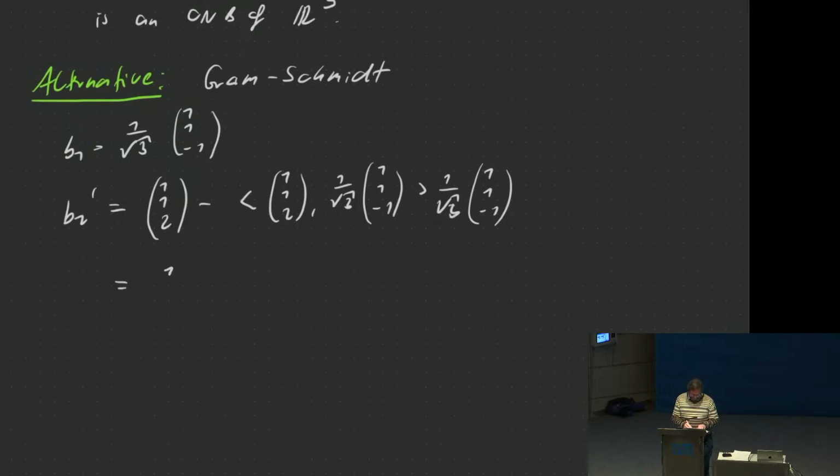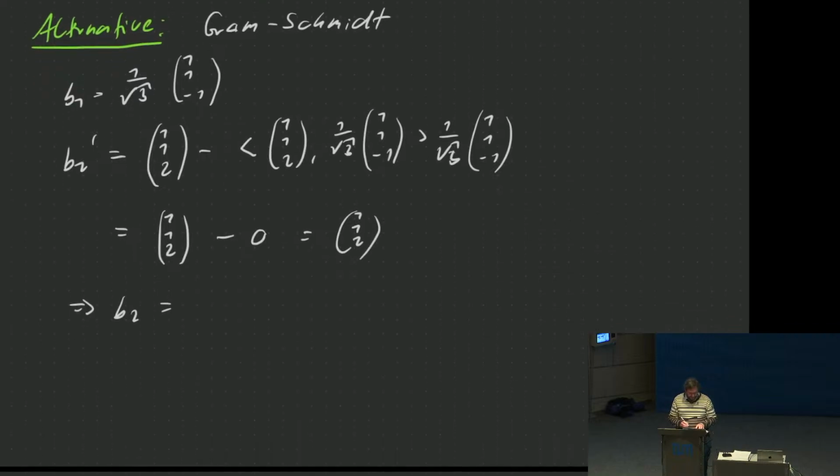Right, so what happens then is you get 1, 1, 2 minus, and I already said the scalar product is going to be 0. So what you get is just this original vector. Just what you would expect if you know those are orthogonal, but Gram-Schmidt will tell you so, even if you don't recognize that. And then, of course, you normalize. Let's say this is 1 over the square root of 6, 1, 1, 2.